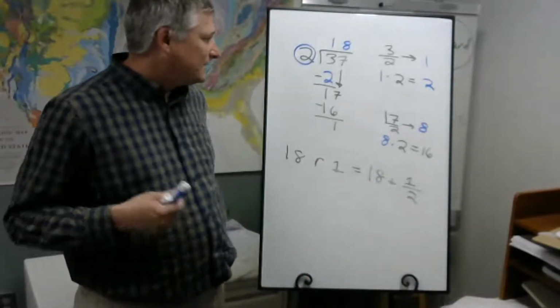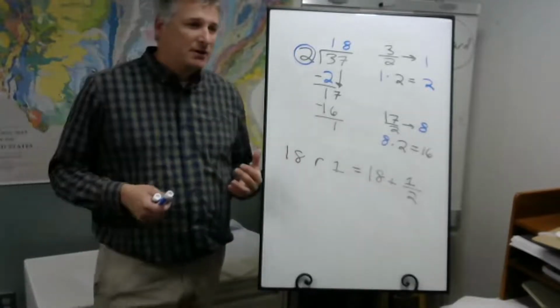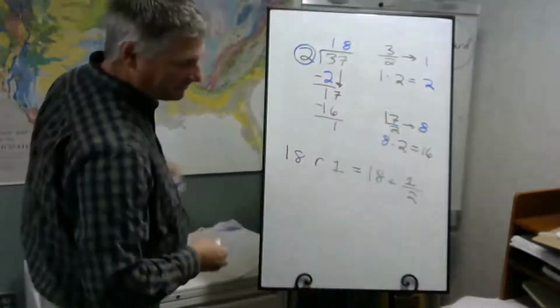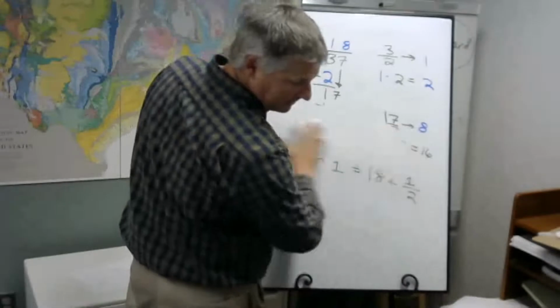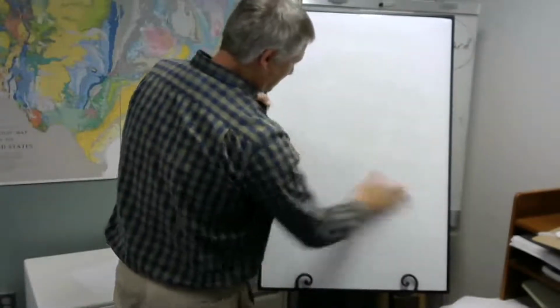So that's long division. For polynomial division, we're going to do something incredibly similar. So let's say we have this.